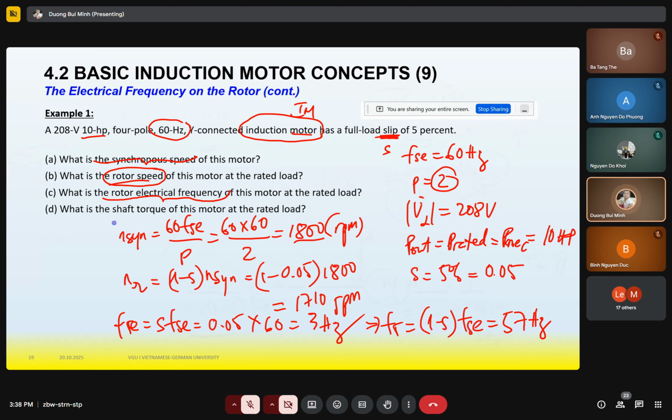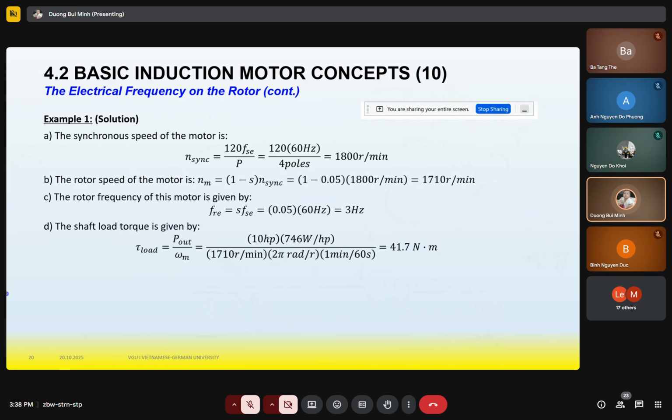Look, what's the shaft torque of this motor? That means they require us to calculate the output torque. Okay, output torque, very easy. And this is the answer, right? Output torque means load torque, equal to output power over omega_m. Omega_m means mechanical angular speed, or you can write it as P_out over omega_r, the same.